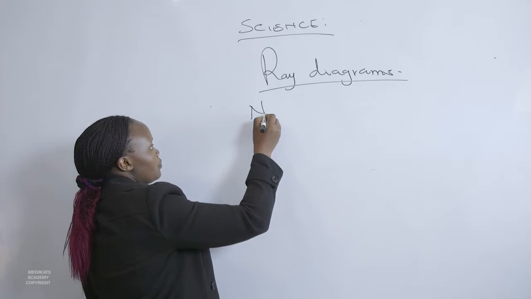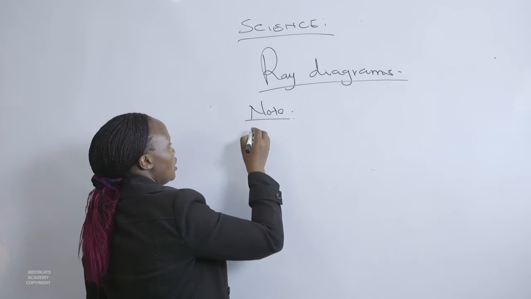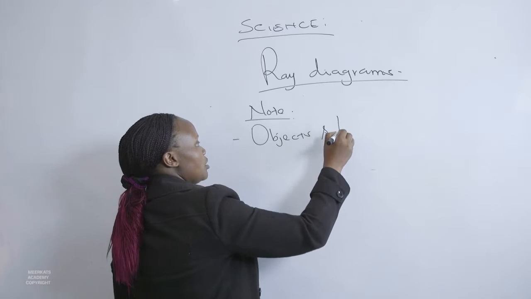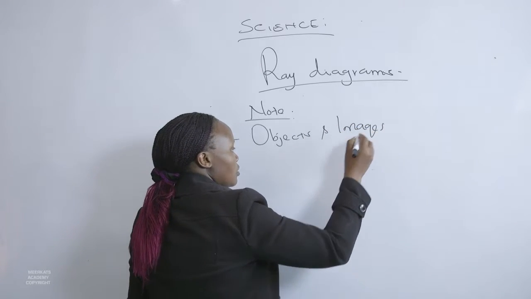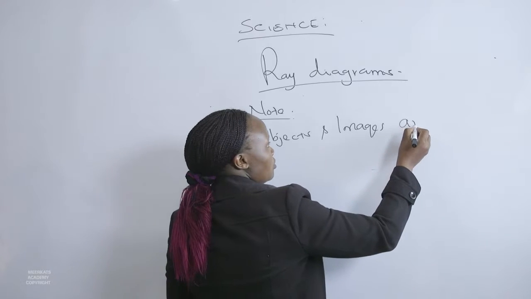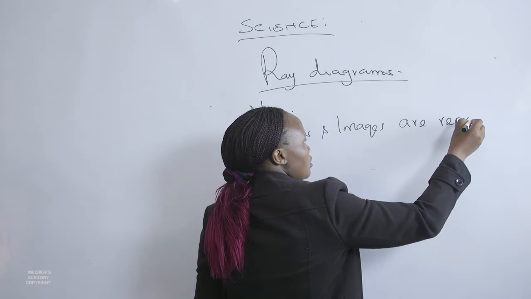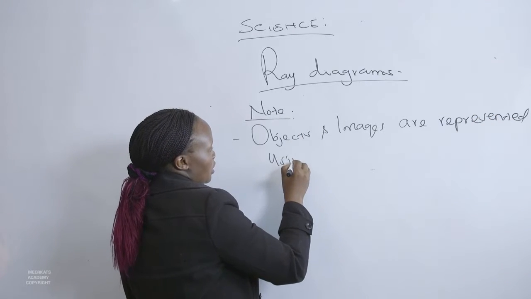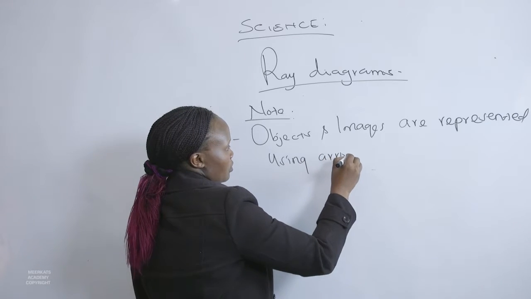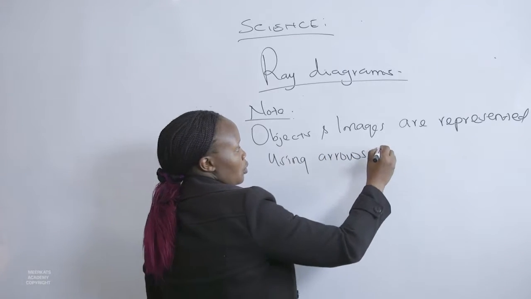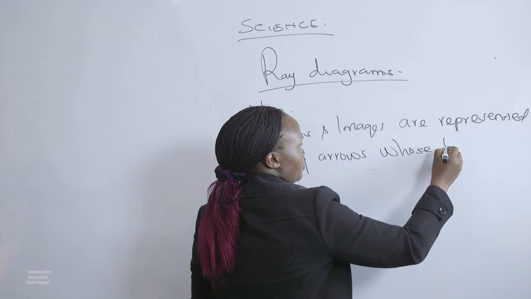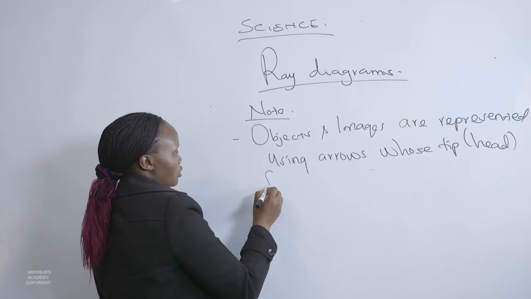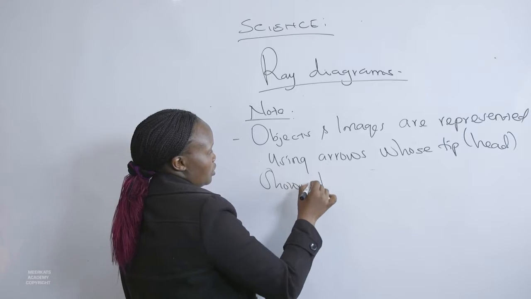We note that objects and images are represented using arrows whose tip or head shows the top.